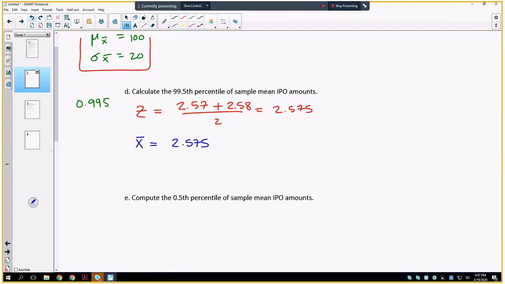So x bar is going to be 2.575 times the standard deviation of the sampling distribution. Then I'm going to add the mean of the sampling distribution. So 2.575 times 20, I get 51.5, plus 100. So that's $151.5 million.